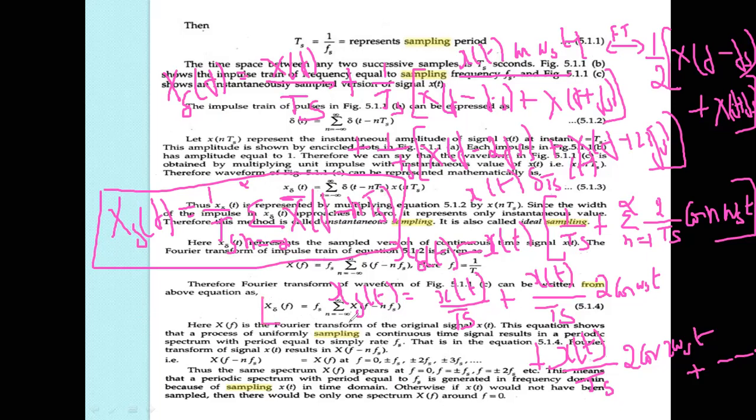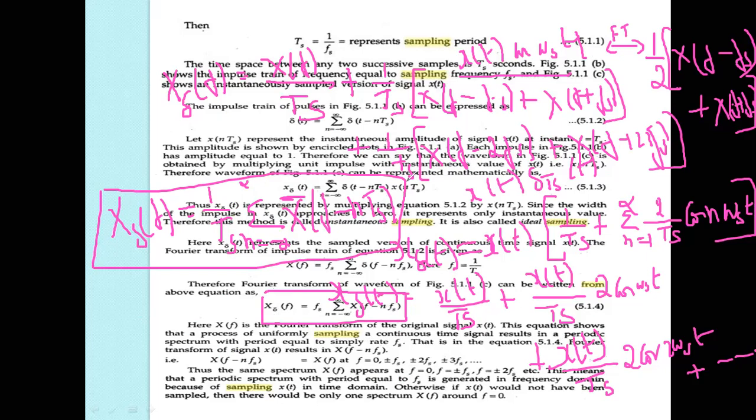See here, this is the function. x delta of f is equal to fs, what is fs? Nothing but 1 by Ts. Sum of n is equal to minus infinity to infinity, X of f minus n into fs.